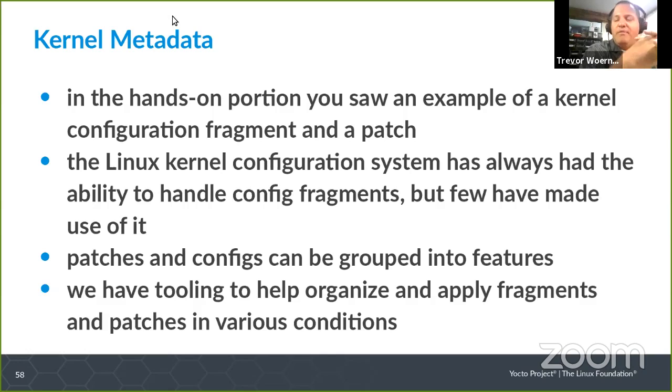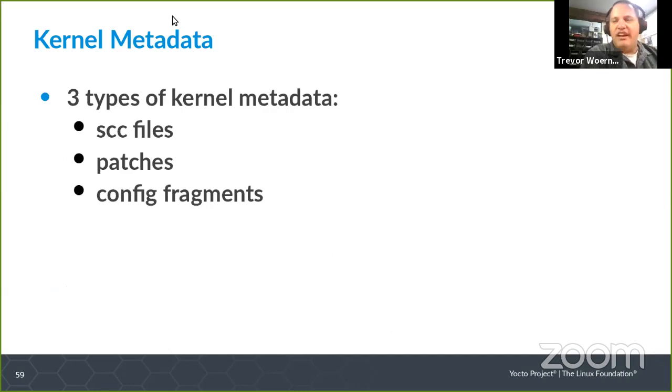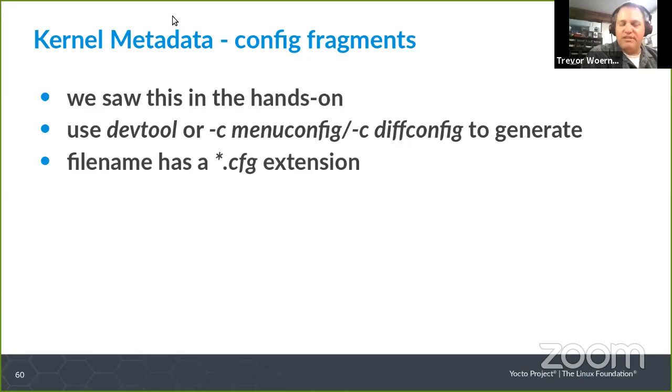So the Yocto project has a pretty nifty way of grouping patches and config fragments together so that you can say, I want sound on this board, and you get sound and it handles any configuration changes and patches that are required for that. For the Yocto project kernel metadata, there are three types of metadata. There's SCC files, and there's the patches and the config fragments. You saw config fragments already.